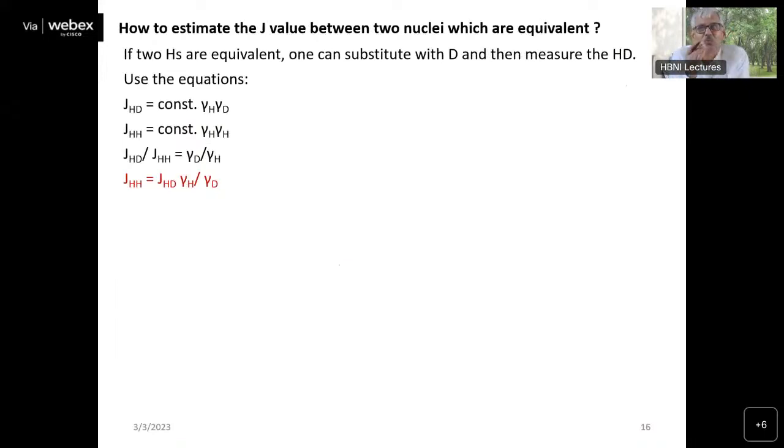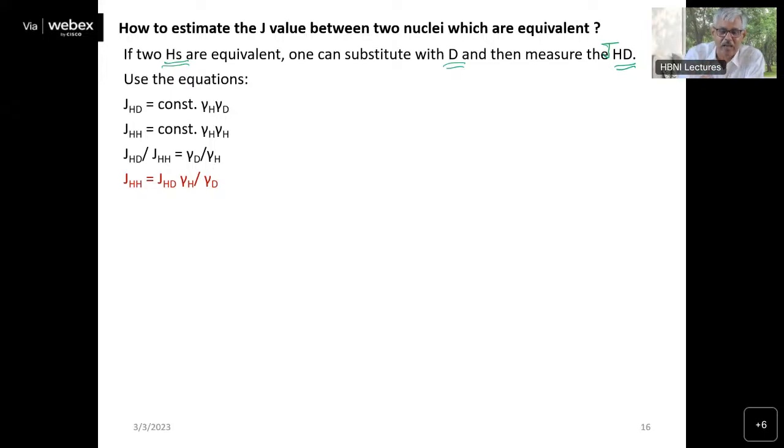Now the question was: when the protons are equivalent, how can you find out the coupling constant? What you have to do is replace one of the hydrogens with deuterium and then measure the JHD. Now there will be a coupling. If all other things remain constant, the coupling constant value depends on the gyromagnetic ratio of the two nuclei.